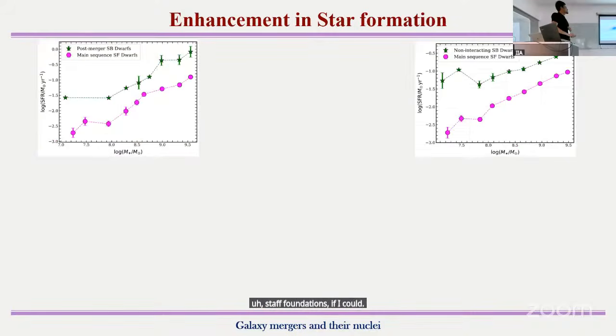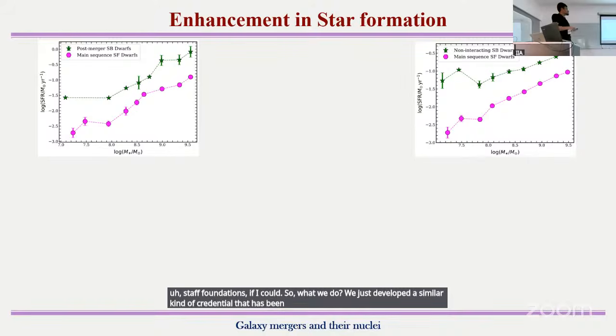So what we did, we adopted a similar kind of criteria to that adopted by Thorp et al. We compare the starburst with respect to the normal star forming region. It is applied for both the post-merger as well as non-interacting galaxies.